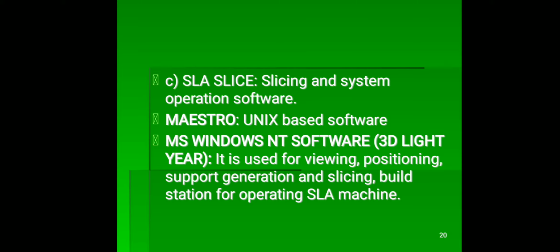So these are the software used for producing the CAD model first and then converting it into STL format, that is slicing, and for viewing and positioning, support generation and slicing, and the build station for operating the SLA machine.